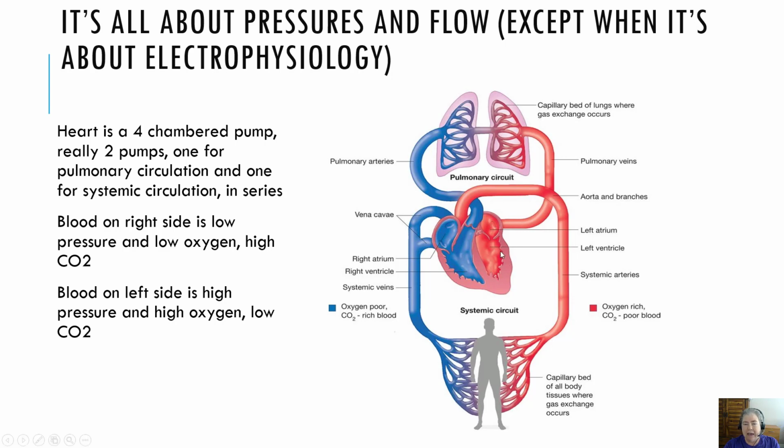So this is a higher pressure system. And on the left side of the heart, when everything's working normally, the blood is oxygenated. So, low oxygenation and low pressures on the right side. Oxygenated blood, high oxygen and high pressures on the left side.